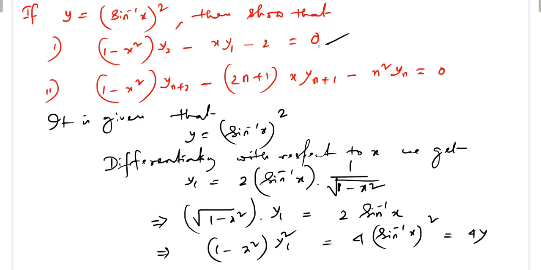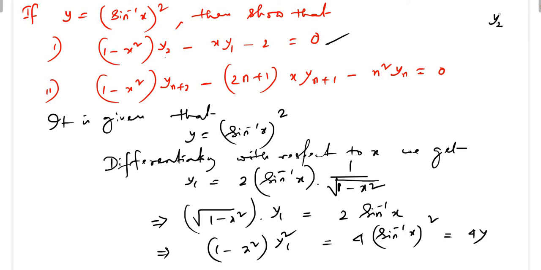Second problem is 1 minus x square times yn plus 2. That means if y2 is already here, and if I make nth order differentiation on y2, what will be the result? Nth order differentiation on y2 will be yn plus 2.